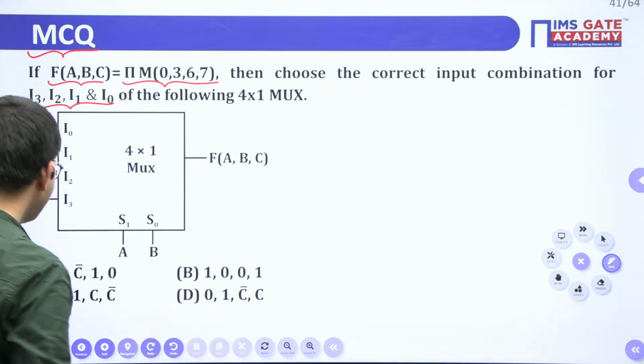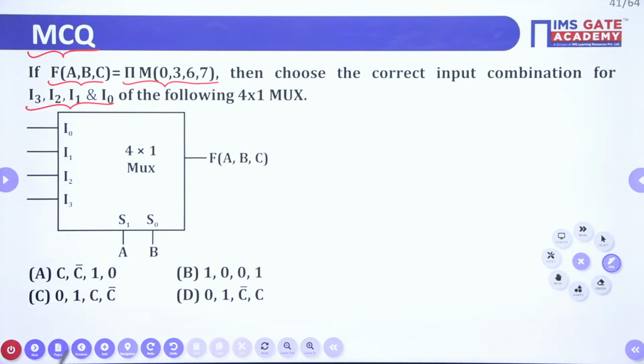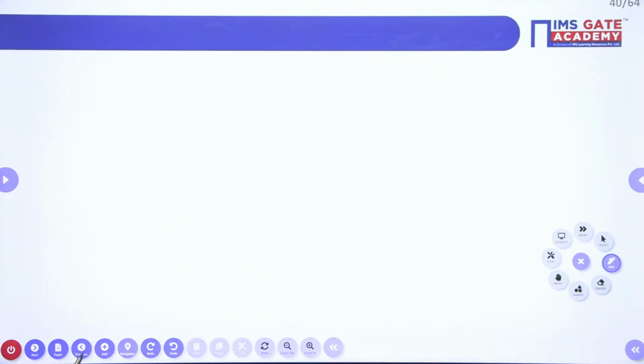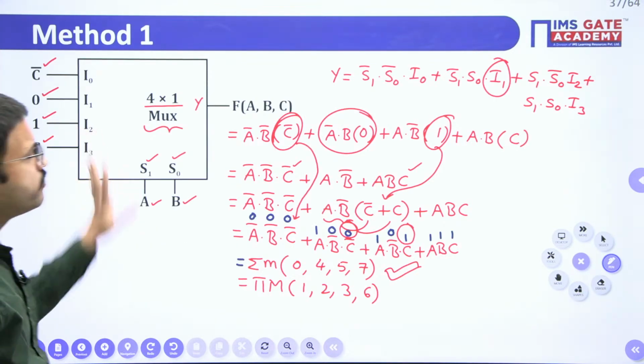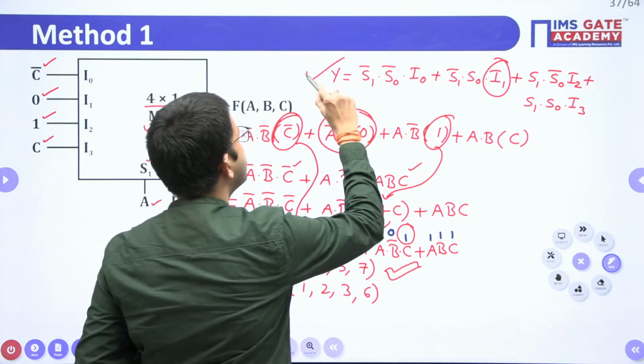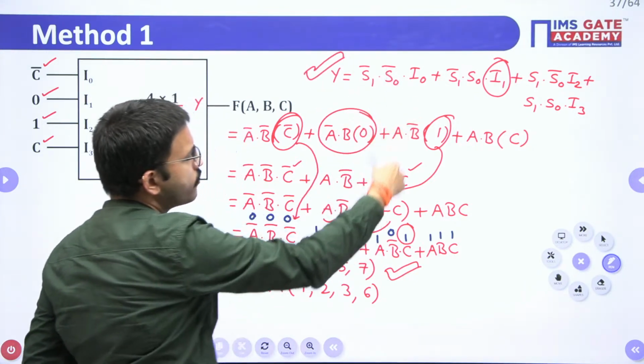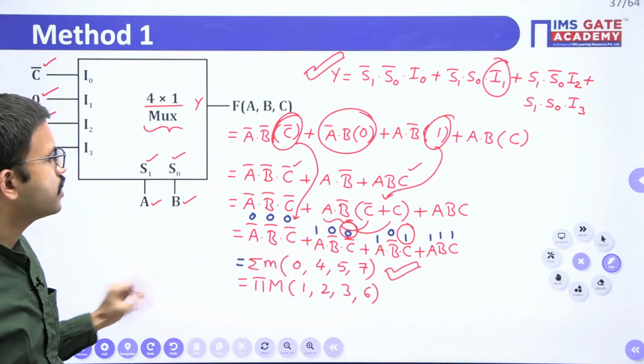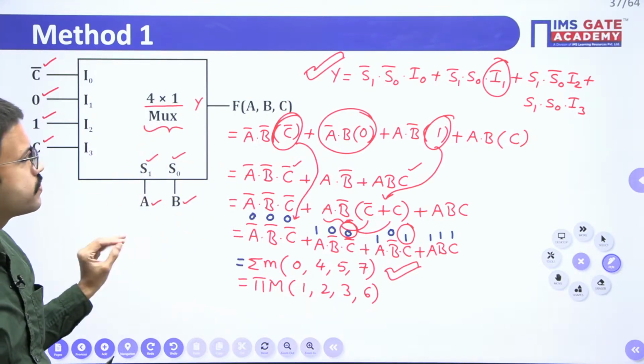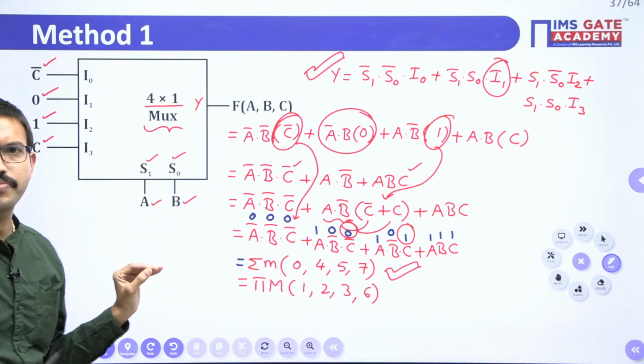See, if you observe the previous question, what is your understanding? Whenever you are having the mux, just by observing the standard equation or after doing the simplification, what form is the function in?